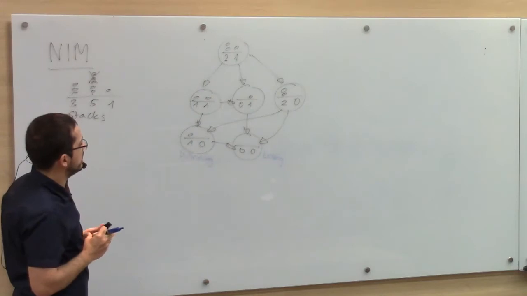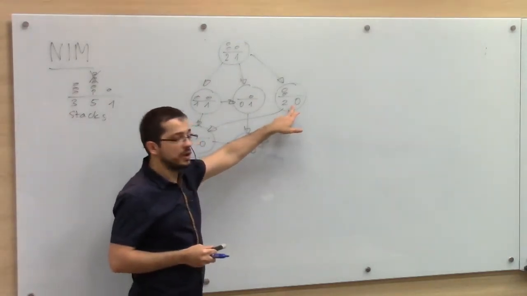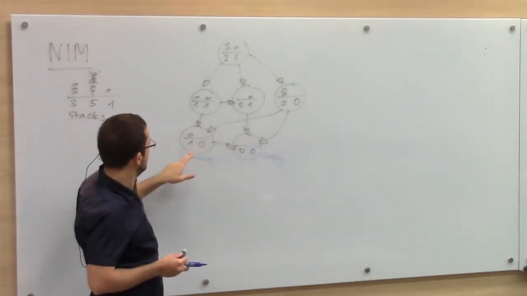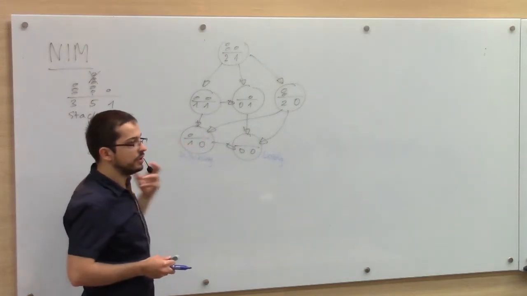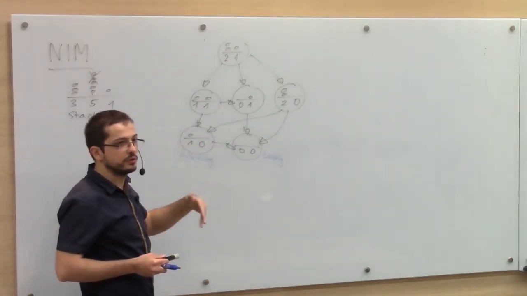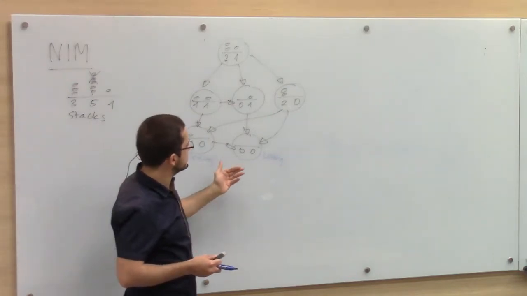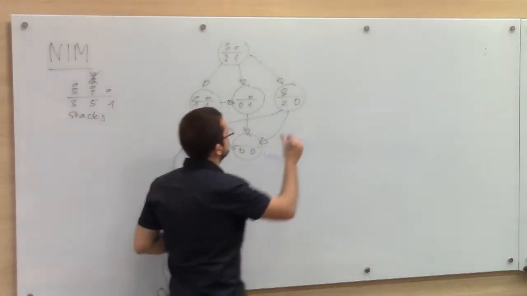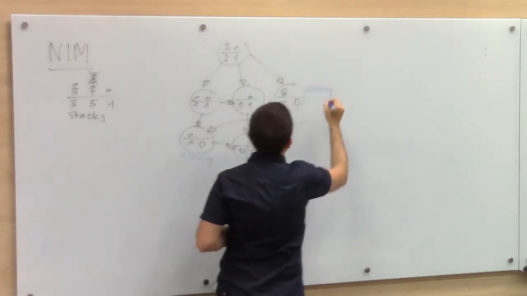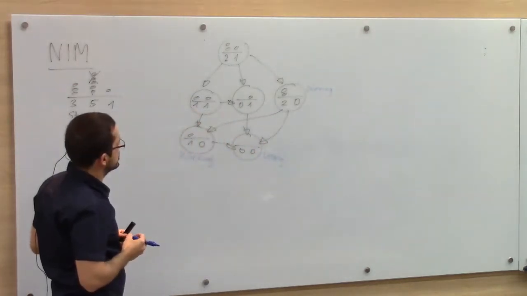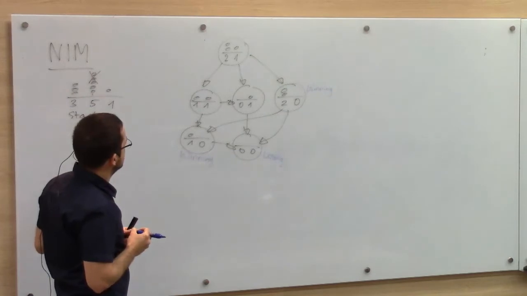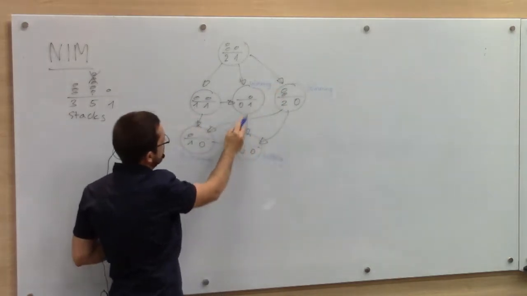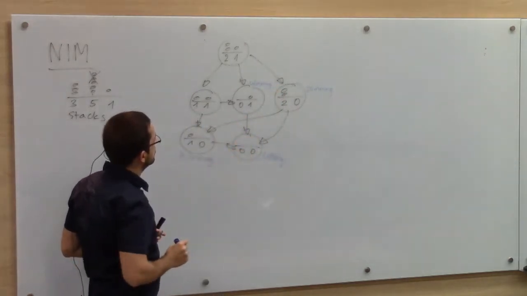Essentially the same is here. In this state we have two moves, one to a losing position and one to a winning state. But we are the player who controls which move will be made. So as long as there is at least one edge to some losing position, we know that this position is winning. Once again, here we have a winning position because we have one move to the losing position.